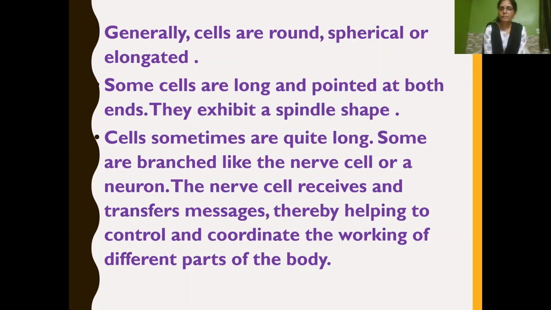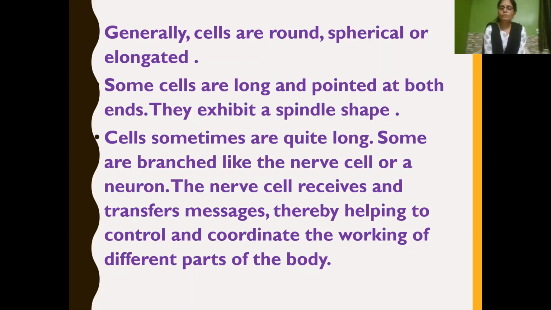And the shape of the cell is related to the function it performs. Why are nerve cells very long and branched? Because nerve cells receive and transfer messages from different parts of the body to the brain, and from the brain they receive and transfer orders to different parts of the body.